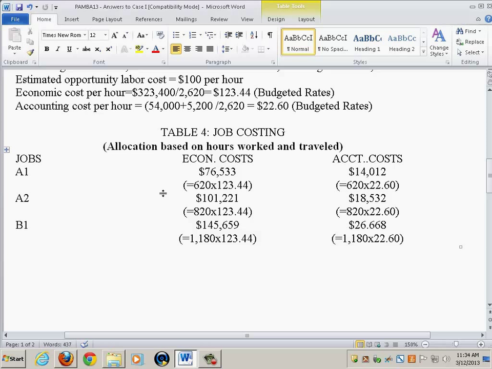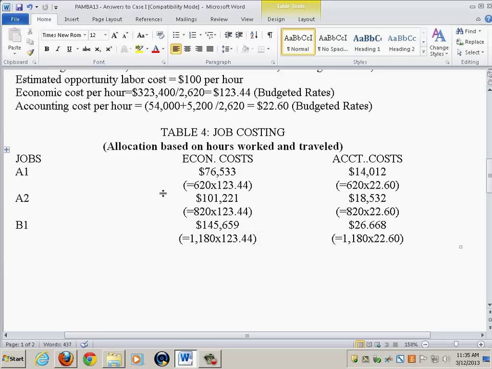We are in the same group, so maybe he can add up. Like the office space, we allocate based on the working hours, but like preparation, maintenance, we allocate that based on the travel time. We allocate different ways.